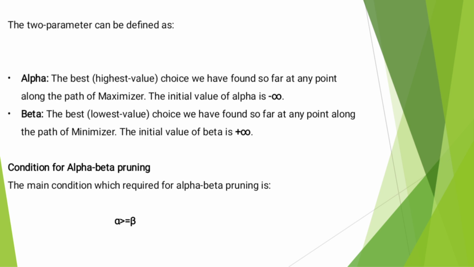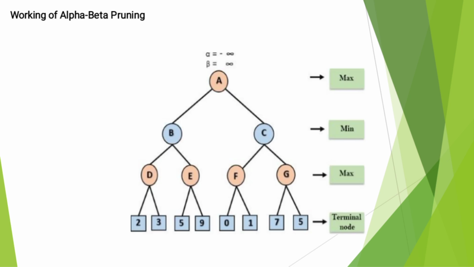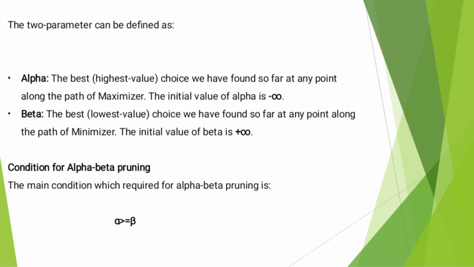The initial value of beta is plus infinity. The main condition for alpha beta pruning is alpha greater than or equal to beta.